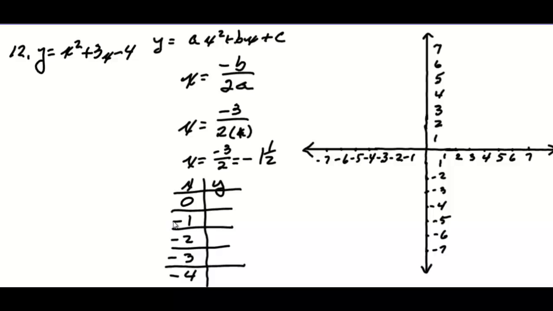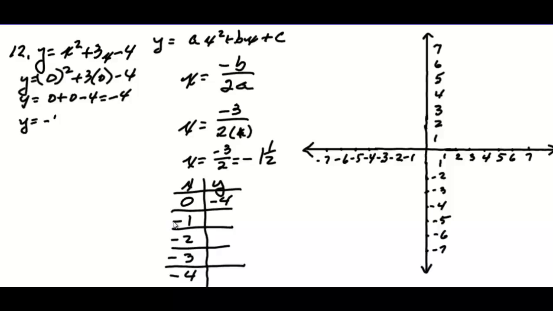In the first one, y equals 0 squared plus 3 times 0 minus 4. So that's y equals 0 plus 0 minus 4, and that's minus 4. If we use -1, y equals -1 squared plus 3 times -1 minus 4.